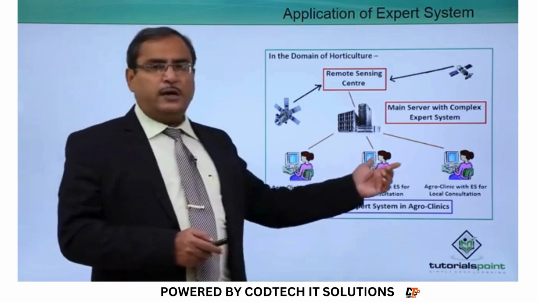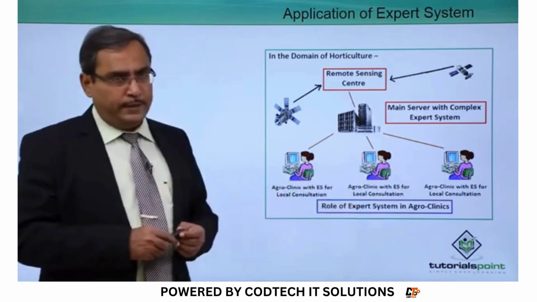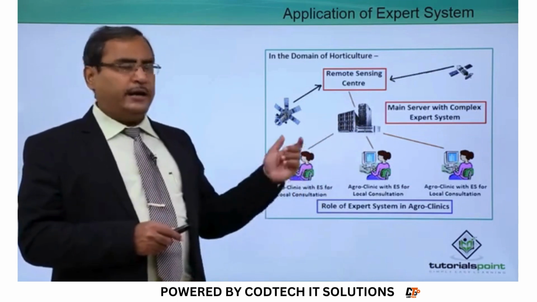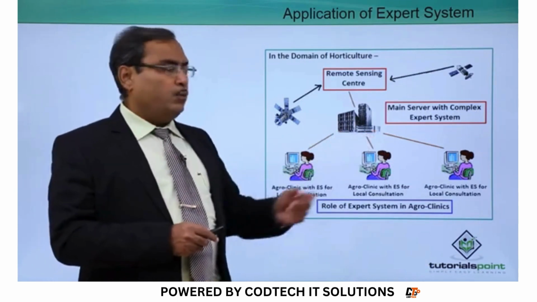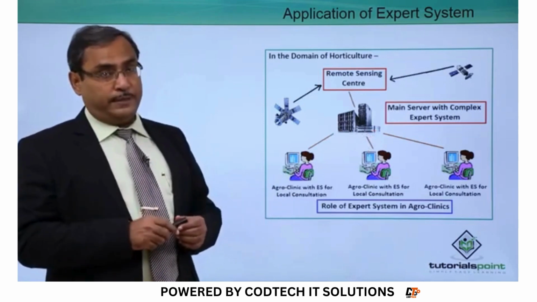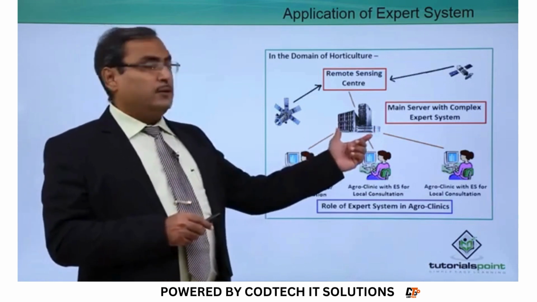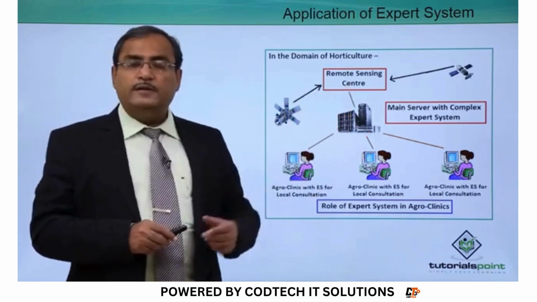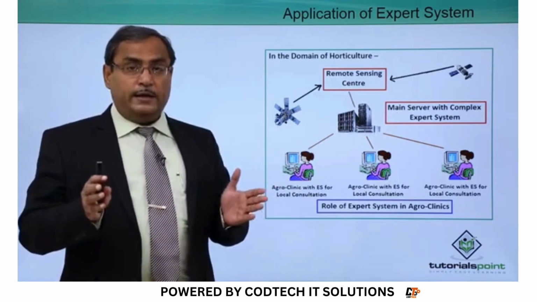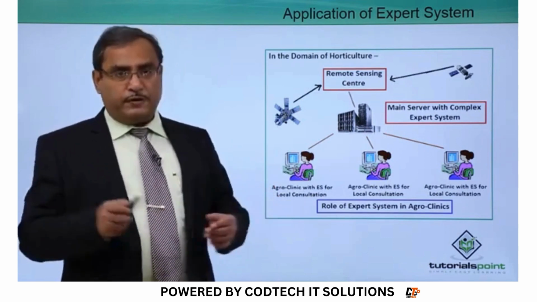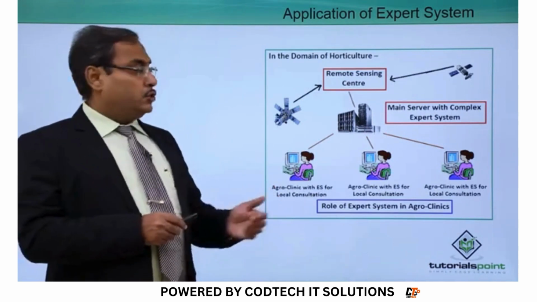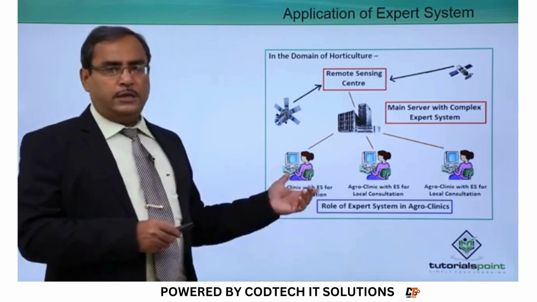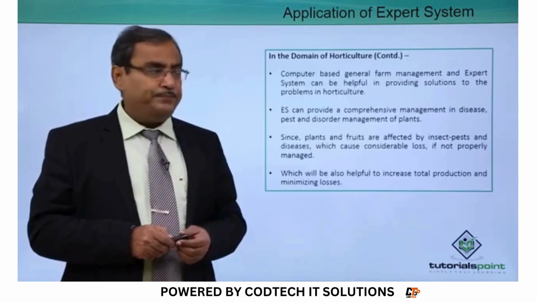These are the different counters and different offices, and these systems are connected with the main server with a complex expert system, and such main servers are connected with the remote sensing centers connected with different satellites for getting different information from different zones and locations. So here we are denoting how in the domain of horticulture the expert system can be applied.